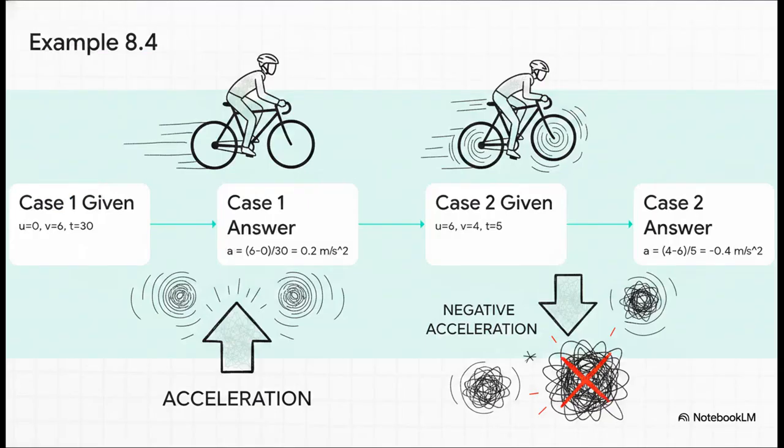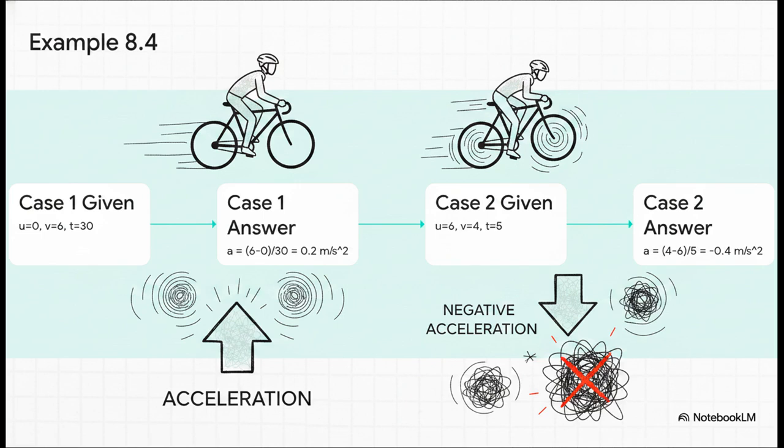Let's look at Rahul on his bicycle. In case 1, he speeds up from rest. So our given initial velocity, u, is 0. His final velocity, v, is 6, and time t is 30 seconds. Using our formula, a equals 6 minus 0 divided by 30, that gives us a final acceleration of 0.2 meters per second squared.